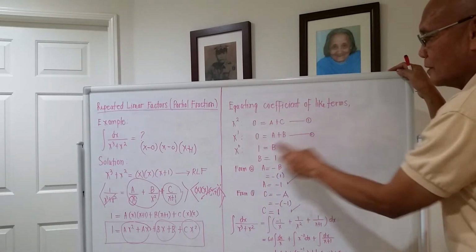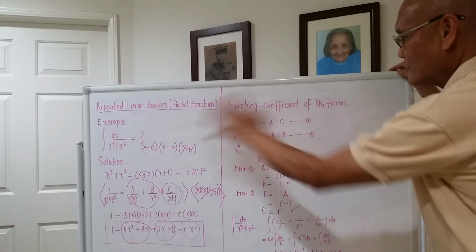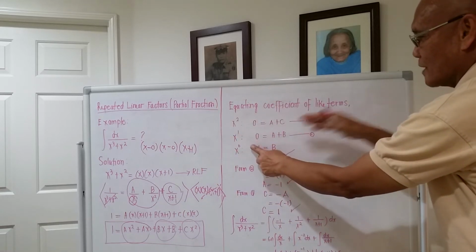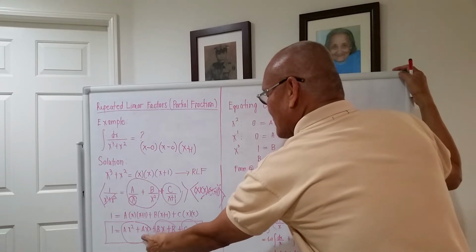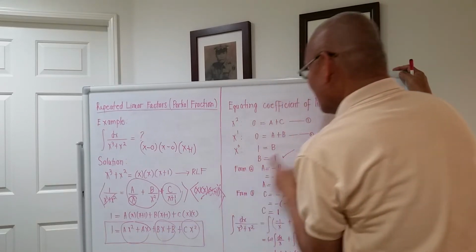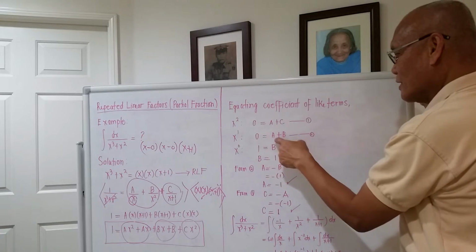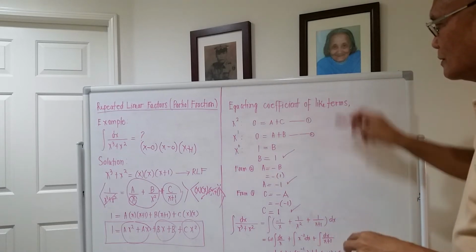Equation number 1. For x to the first power, the left hand side will be 0. The right hand side will be A plus B. So 0 is equal to A plus B, equation number 2.